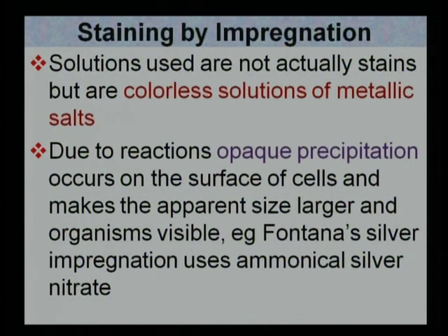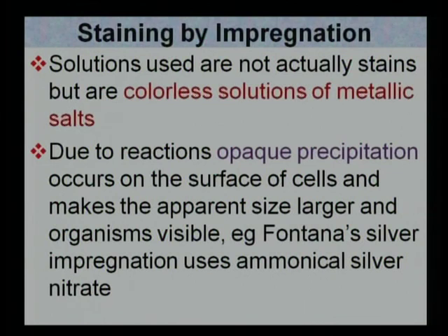Another way of staining, apart from the normal staining technique, is the staining by impregnation method. So far we have seen that we use dyes or stains, that is, those compounds having chromophore and auxochrome groups.